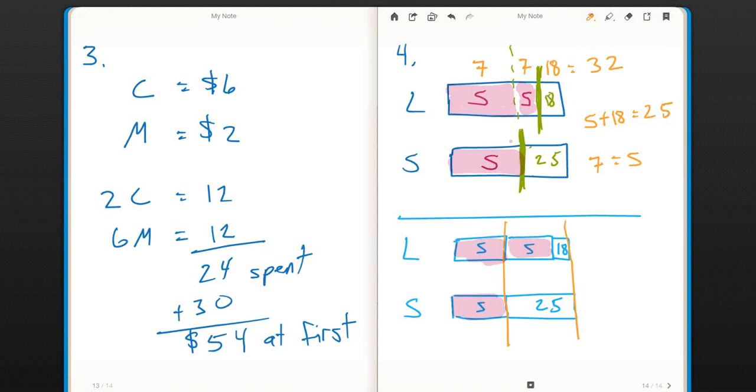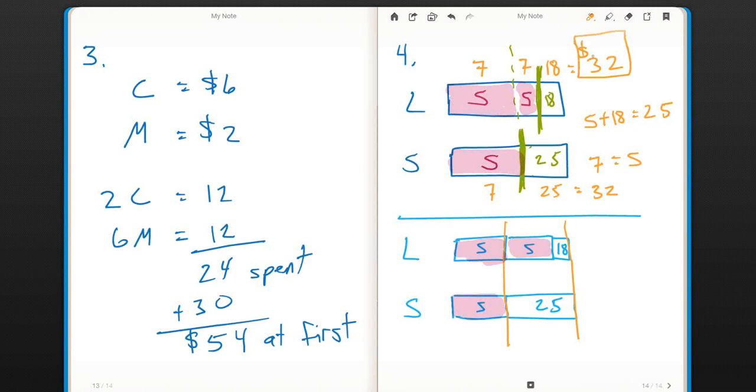Well, okay, they each have 32. They're the same number. Sarah had 7 and 25. That adds together to give me 32 as well. So one way to check it is to see if both of them give you the same answer, and they do. And so each of them had $32 in the beginning.